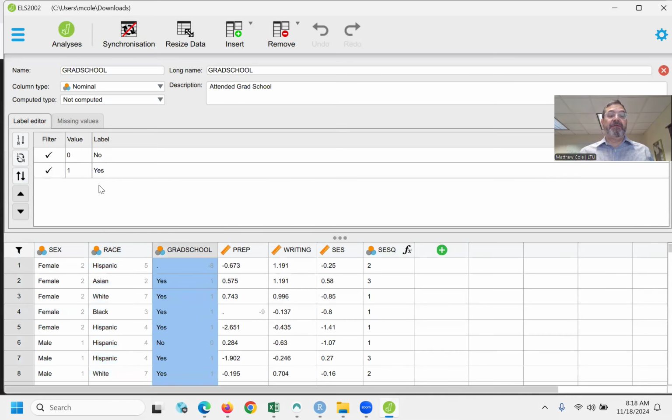Grad school, I've got 1 as yes and 0 as no. And the way logistic regression works is the first class, whether it be number 1. In this case, the first class is 0, or what they call the first level. That becomes the reference class. So the probabilities that we'll be looking at are yes versus no. If we reordered it when we did the analysis, it would be predicting no versus yes.